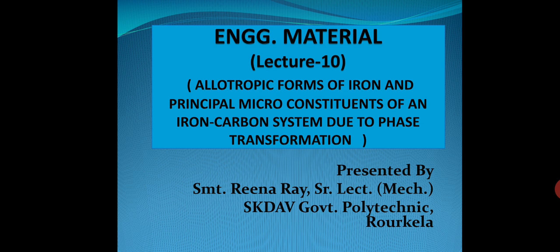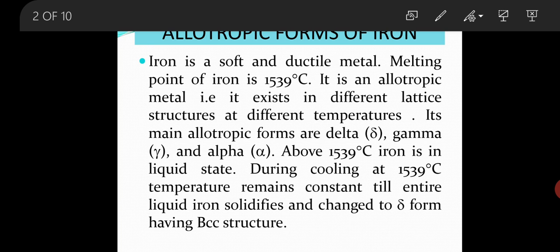Here, for the sake of clarity, I will discuss how pure iron changes its structure as well as properties with change in temperature, that is, the allotropic forms of iron. Iron is a soft and ductile metal.